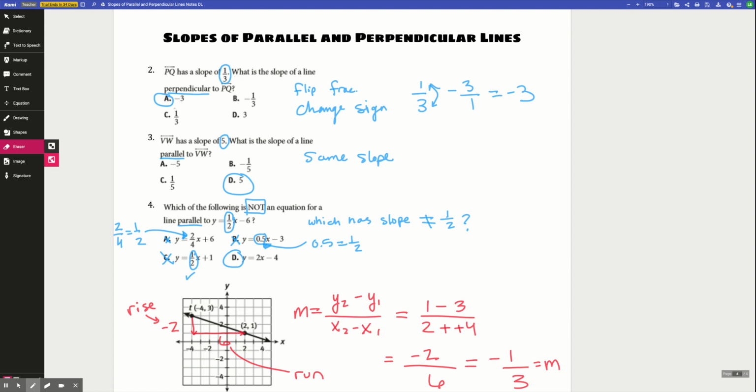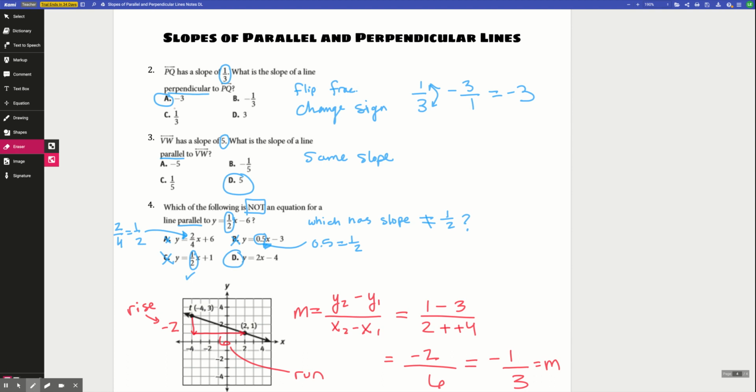Number 4 says, which of the following is not an equation for a line parallel to y equals 1/2 x minus 6? Okay, so parallel lines have the same slope. So if it's not parallel, they do not have the same slope. So I want to figure out which of these options has a slope that is not equal to 1/2.